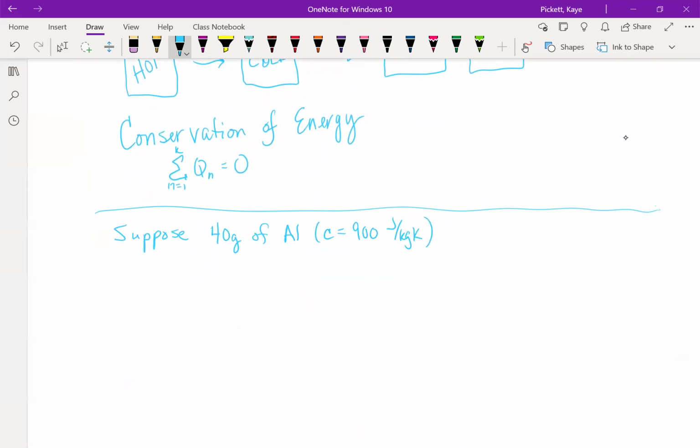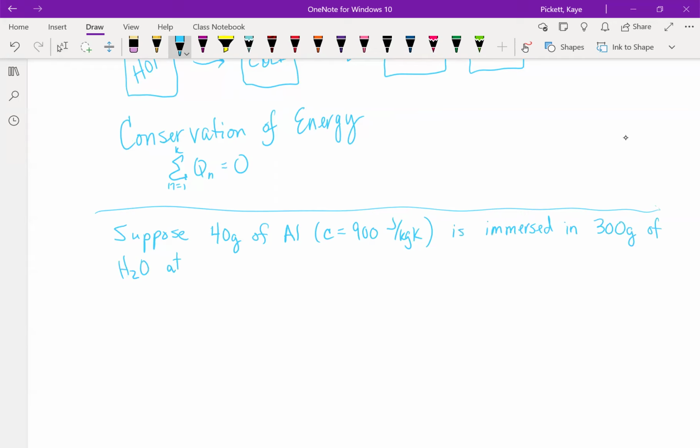Joules per kilogram Kelvin. So there's my specific heat of aluminum. 40 grams is immersed in 300 grams of water.